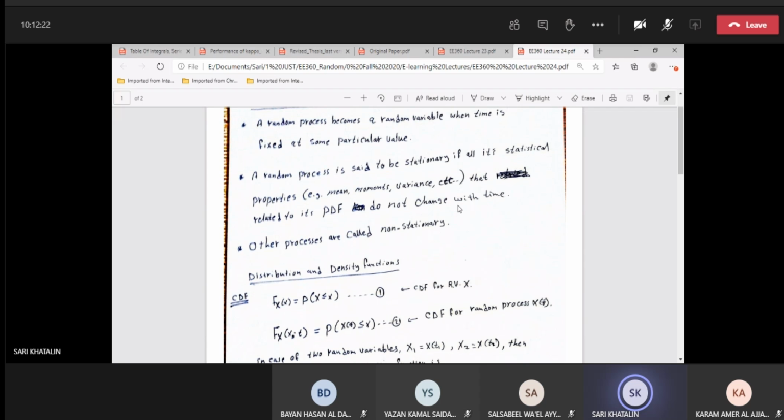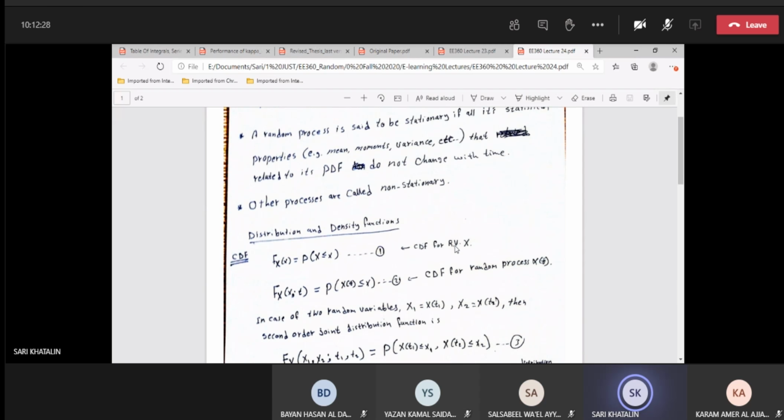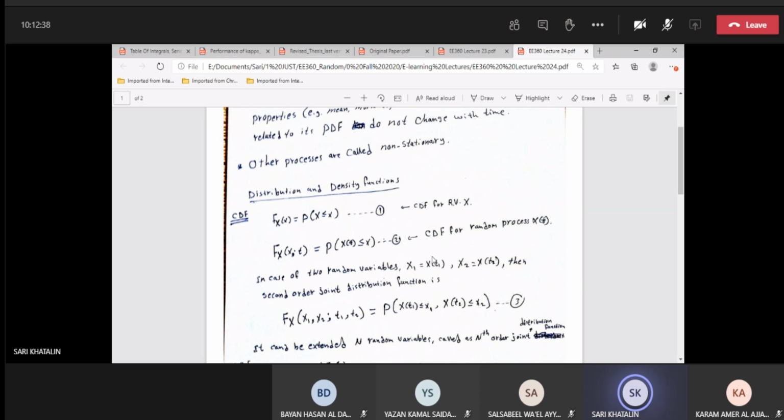Now, before we continue talking about independence and stationarity, let's just introduce the CDF and the PDF for the random process. And by the way, it's very similar, or it's the same function as we had for the random variable. The only difference is we're going to include the time function in it.